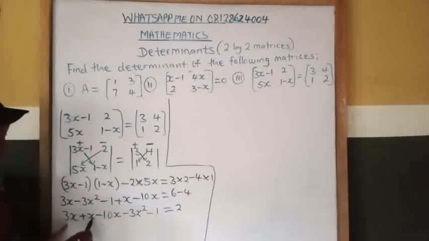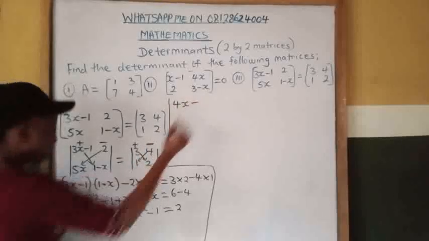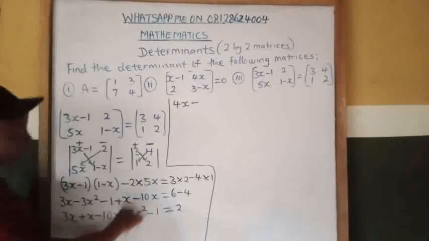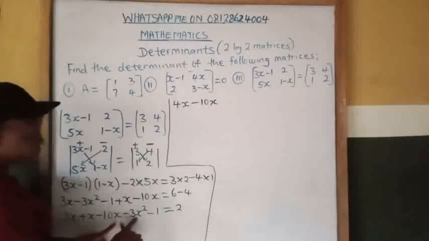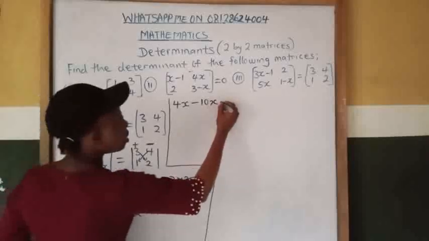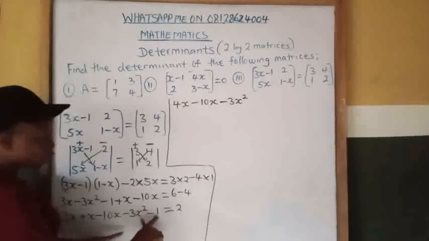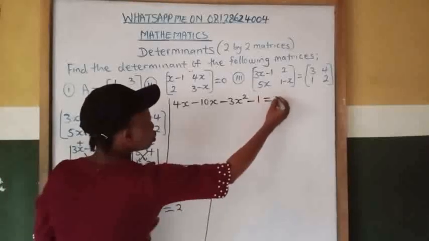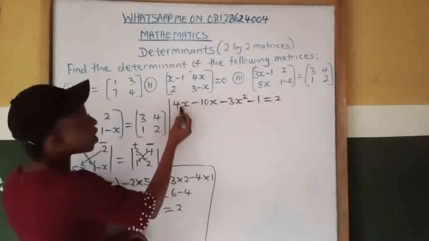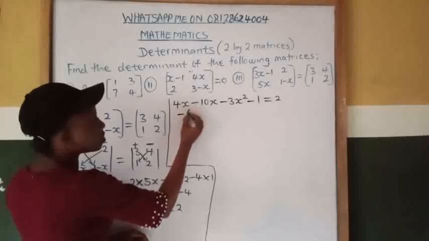So 3x plus x will give us 4x. Then minus 10x. Then minus 3x raised to power 2. Minus 1 equal to 2. So 4x minus 10x will give us minus 6x.